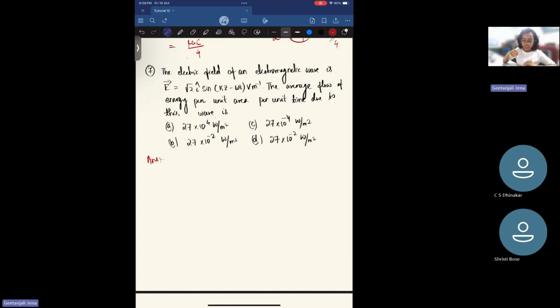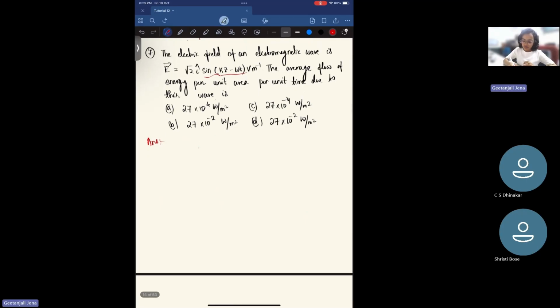Okay, so electric field is given and you need to find out the average value of the Poynting vector. And the expression is this. It's quite straightforward. You know the relation, S is half epsilon naught E naught square C. Half epsilon naught you will get 8.85 into 10 to the minus 12.